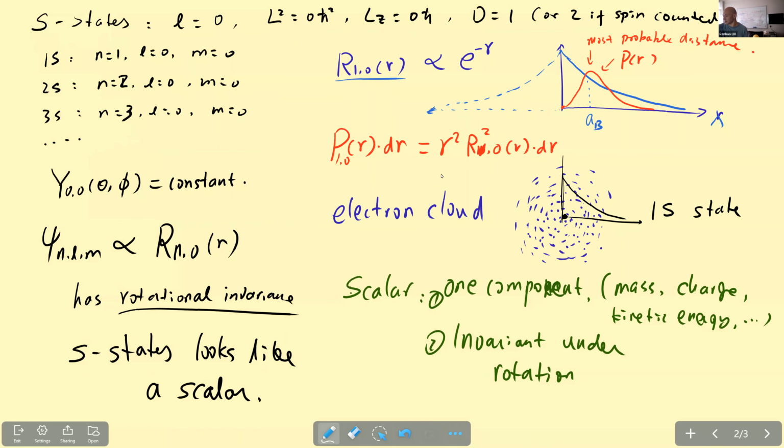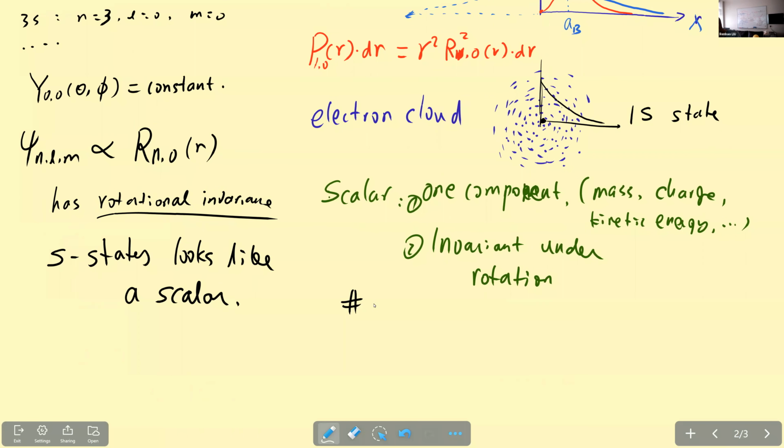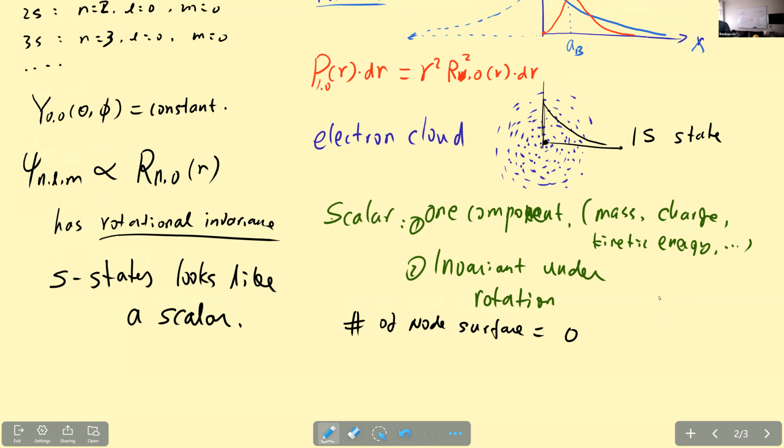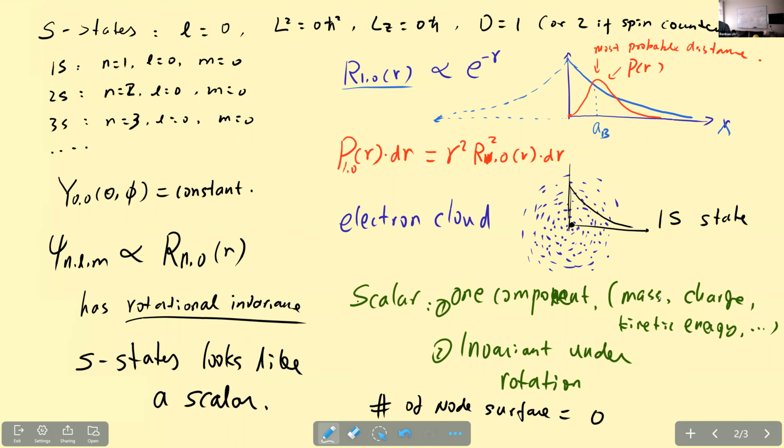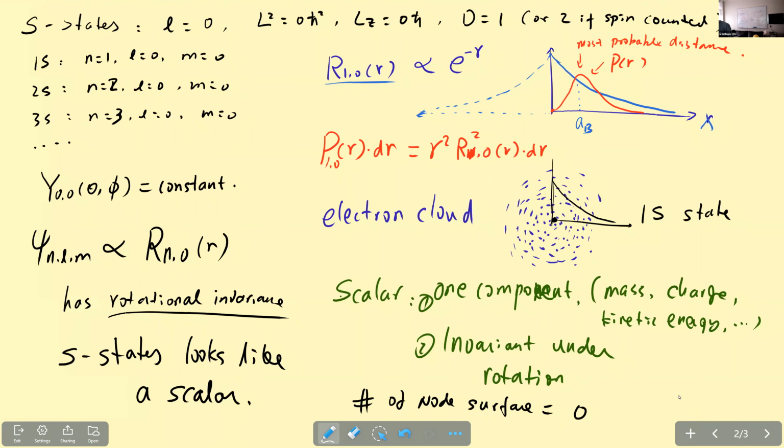If you look at this, the number of node surfaces equals to 0, right? Okay. So this is a feature of the 1s and 2s states, and later we're going to see more such kind of properties.